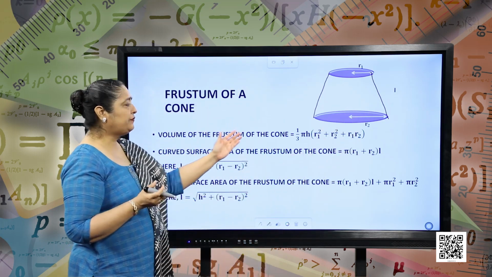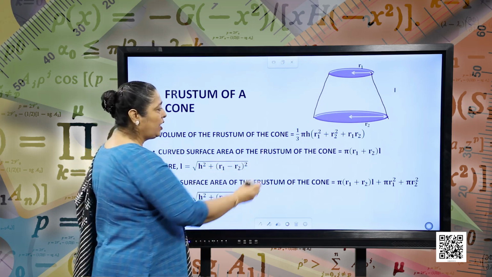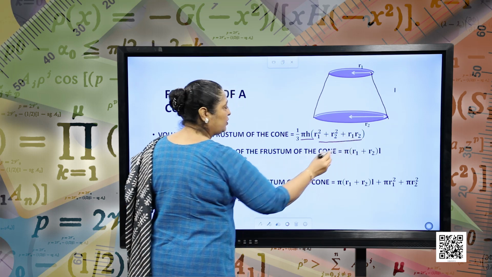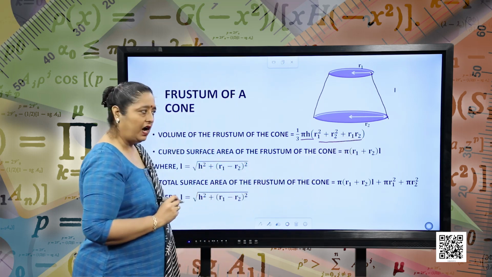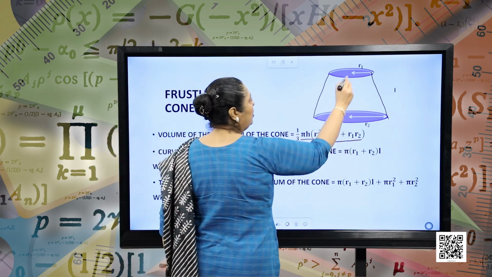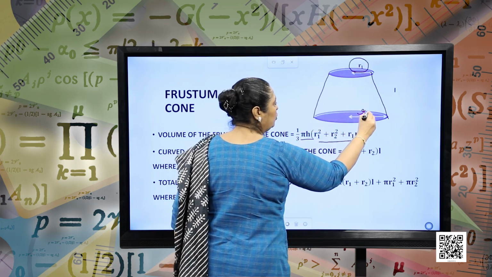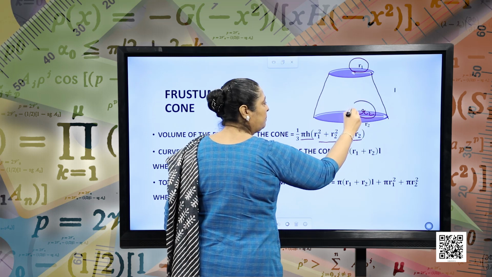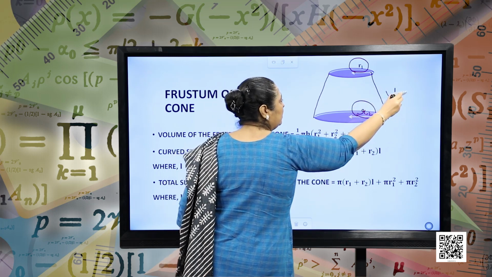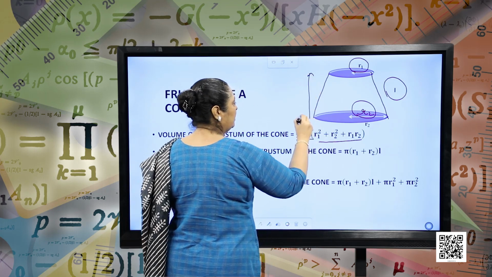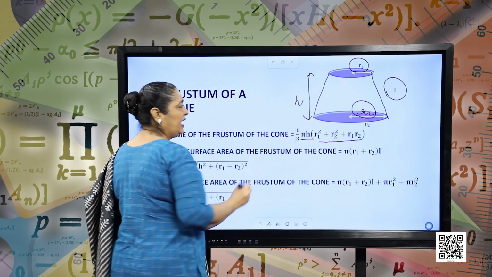So, volume of the frustum of the cone can be given as 1/3 pi h (r1 square plus r2 square plus r1 r2). Now, what are r1 and r2? r1 is the smaller radius and r2 is the bigger radius. L is the slant height and h is the height.